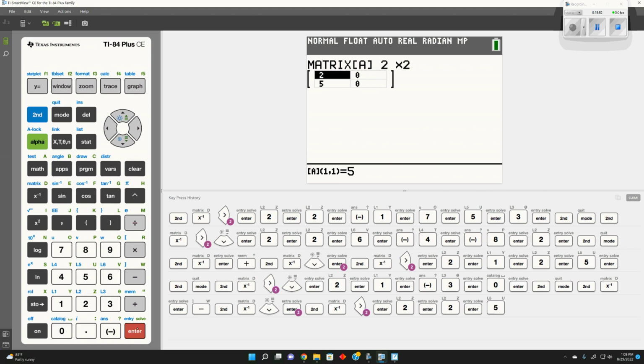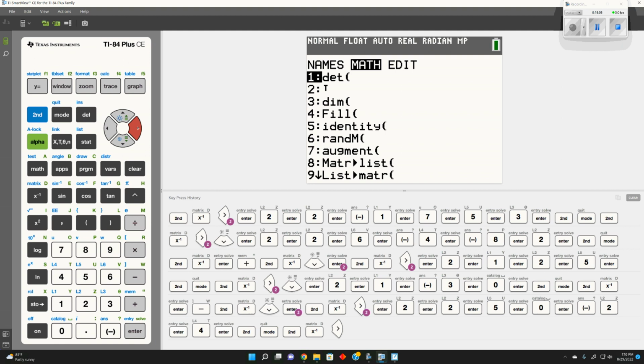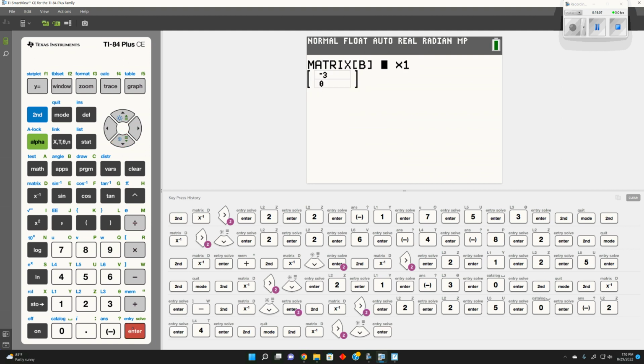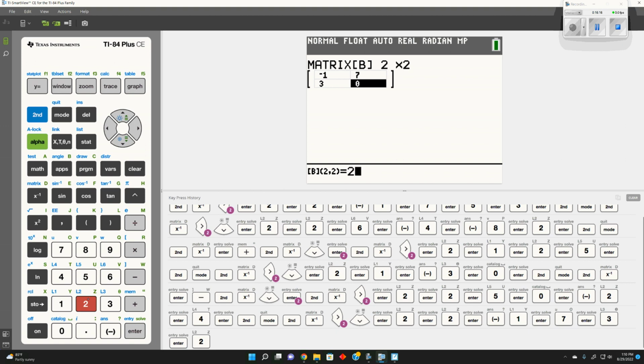And we had 5, 0, negative 2, and 4 for matrix A. Then we go second quit, second matrix over to matrix B, which is again a 2 by 2. And then negative 1, 7, 3, and 2. So questions on how we type these in for matrix A or B?